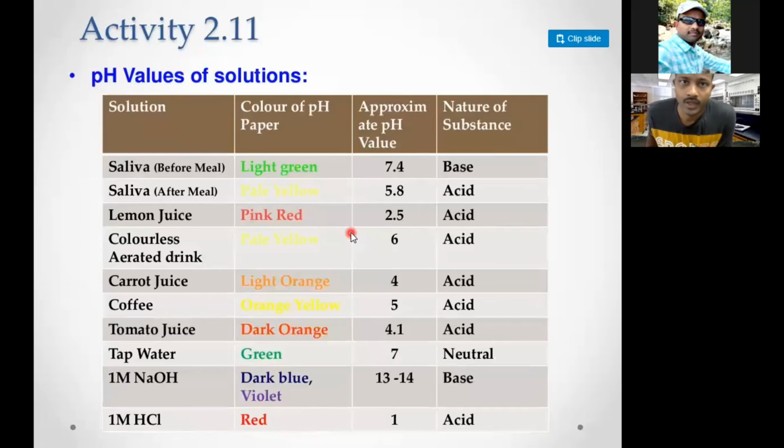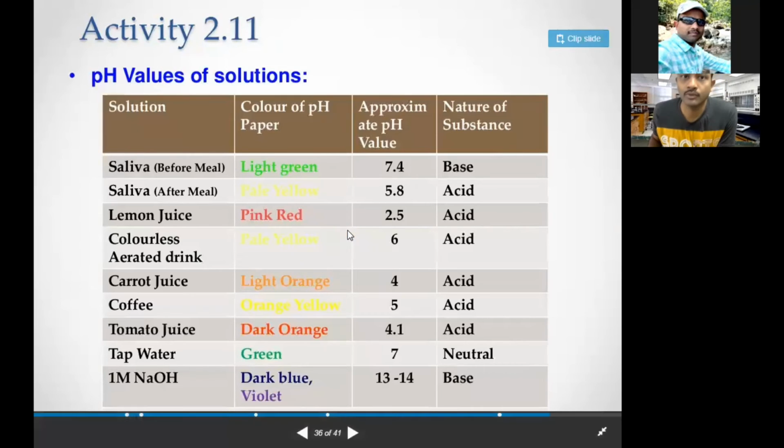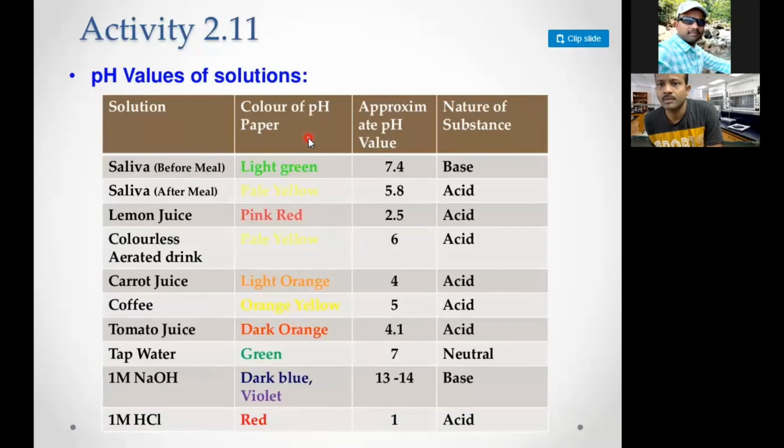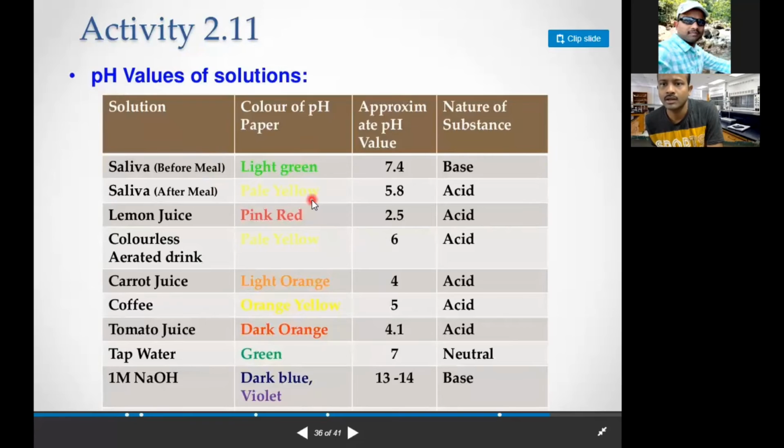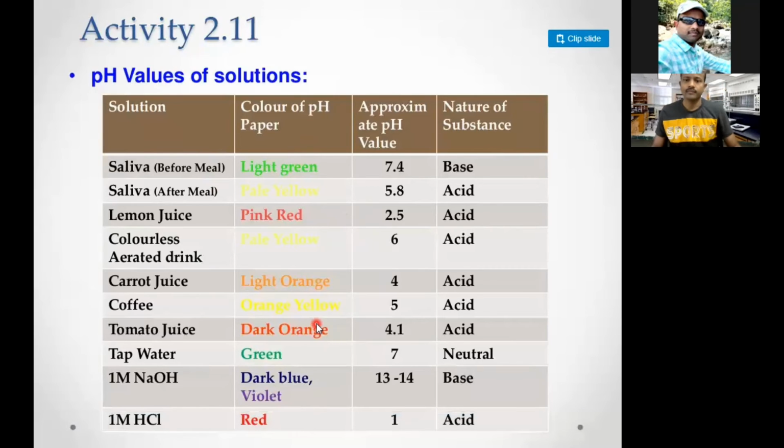Next, activity 2.11. We have the pH values of the solutions, like saliva, and the color of the pH paper. The pH paper is a universal indicator, right? In neutral medium, it gives a light green color. In acidic medium, it gives pale yellow, and in very acidic medium, it gives pink red or orange red, a reddish color.